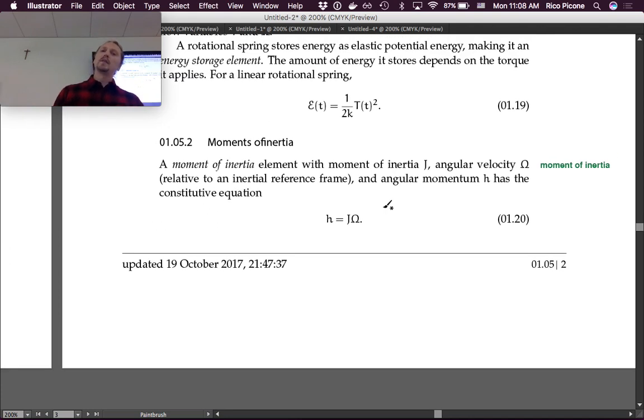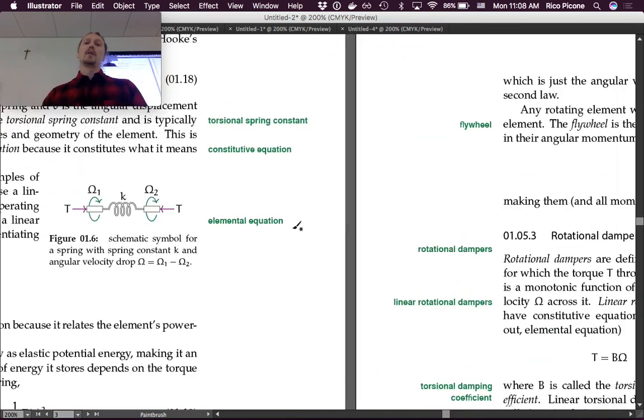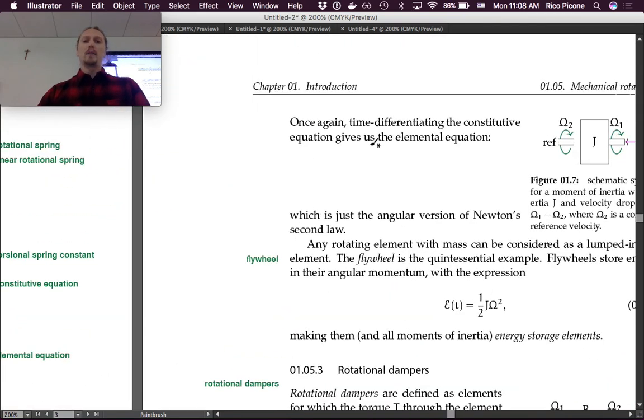If you take the time derivative of this equation and rearrange it, d omega/dt is the angular acceleration, but we want to leave it in terms of omega because that's a power flow variable. dH/dt, the time rate of change of the angular momentum, is defined as the torque. So we can just write that the time rate of change of omega is equal to 1 over J times the torque.